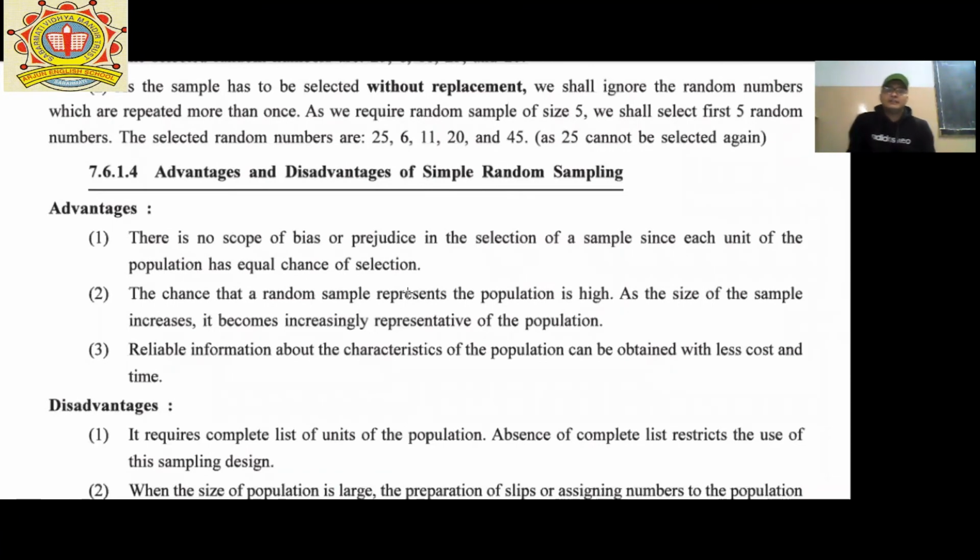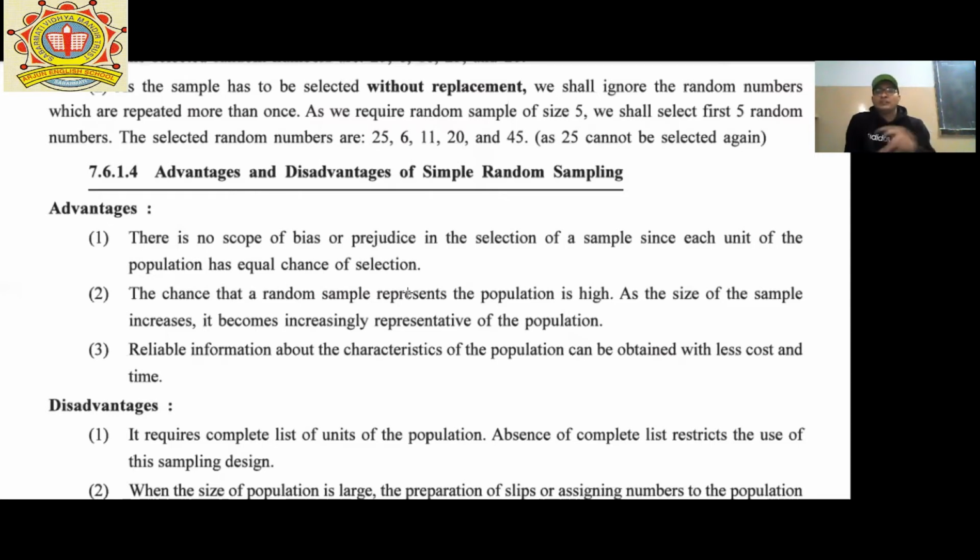Now here there are some advantages and disadvantages of simple random sampling. So what are the advantages and disadvantages? First, the advantage, number one, there is no scope of bias or prejudice in the selection of the sample since each unit of the population has an equal chance of selection. So we can say that there is no prejudice or bias in this selection.